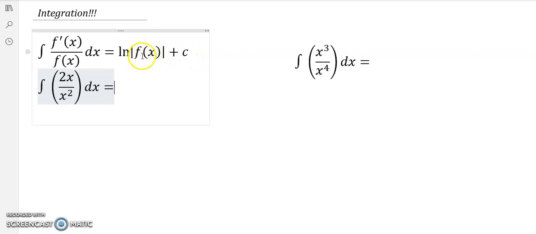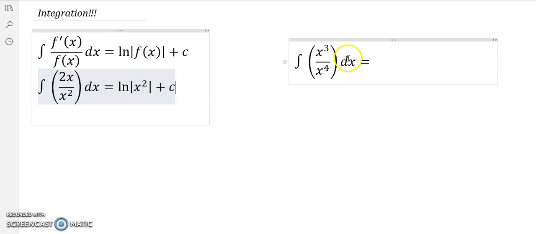However, in our case, f of x is nothing but x squared. Therefore, we're gonna have ln the absolute value of x squared plus the constant c, just like that.